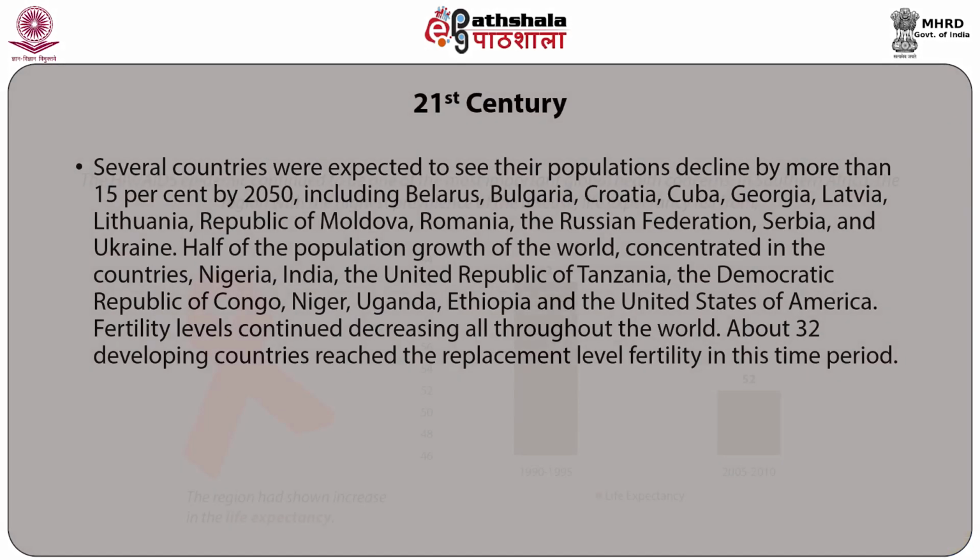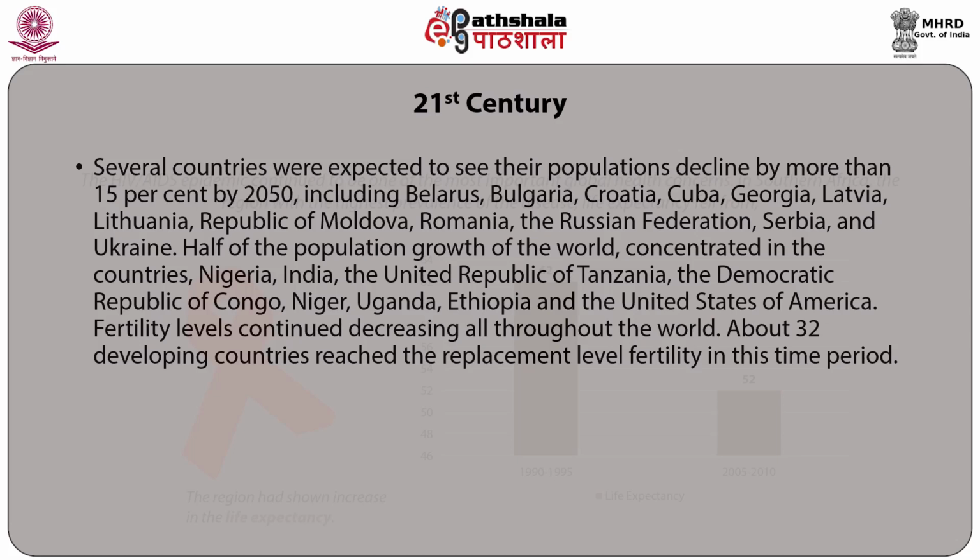Several countries were expected to see their population decline by more than 15% by 2050, including Belarus, Bulgaria, Croatia, Cuba, Georgia, Latvia, Lithuania, Republic of Moldova, Romania, the Russian Federation, Serbia, and Ukraine.